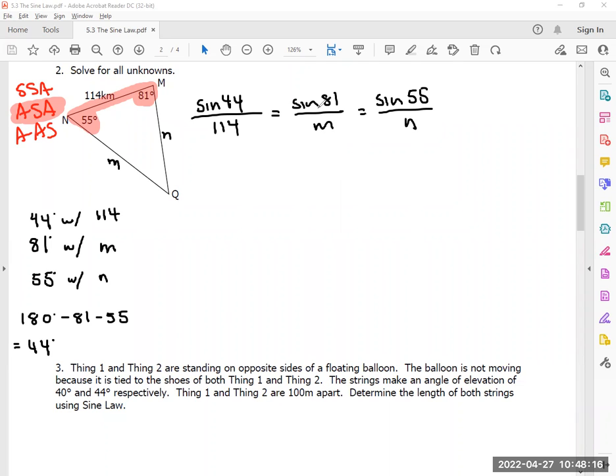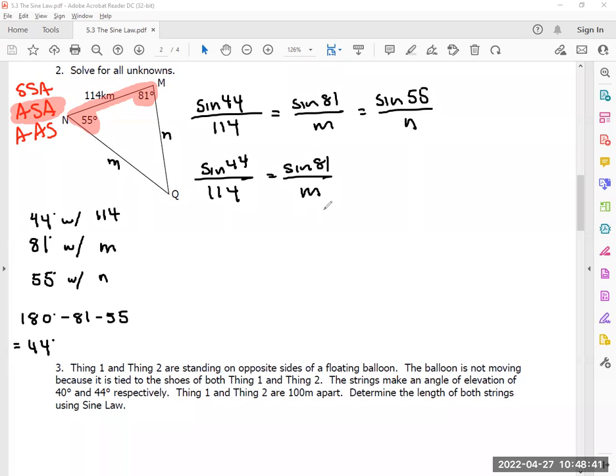When you do the algebra, you'll find that it's a little bit annoying. It's always nice if we don't have to worry about the variable at the denominator. So let me show you what I mean. Sine 44 over 114 equals sine 81 over n. Is that okay?